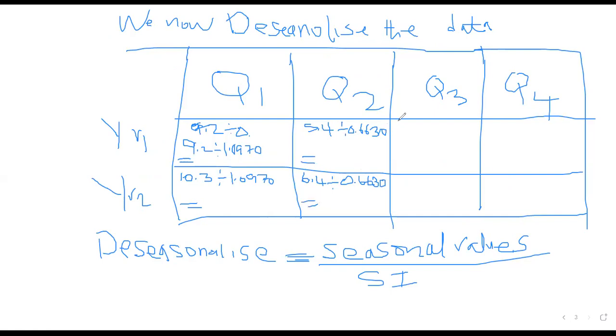Then the other one is 4.3 divided by, and here we have 5.4 divided by. Then 14.1 divided by, and then 16 divided by. So let's check the seasonal indexes.